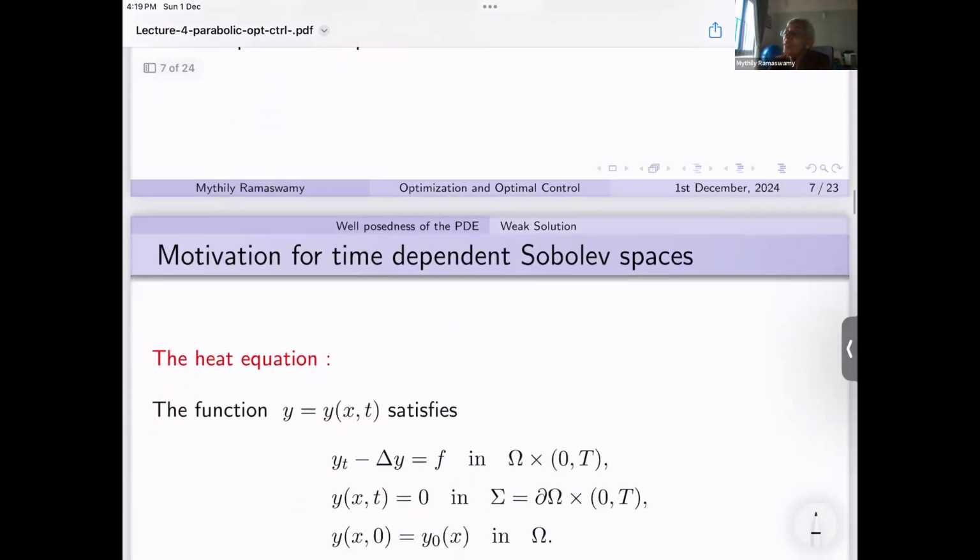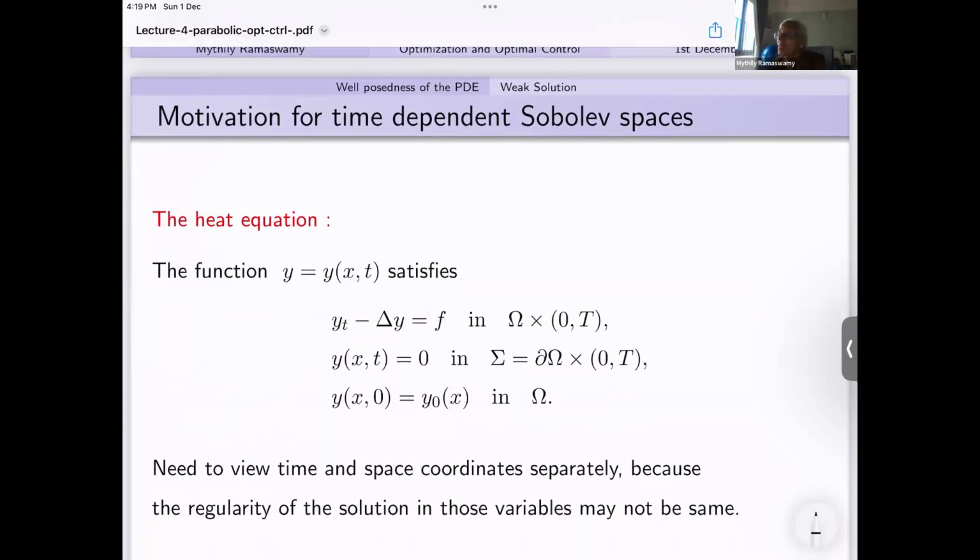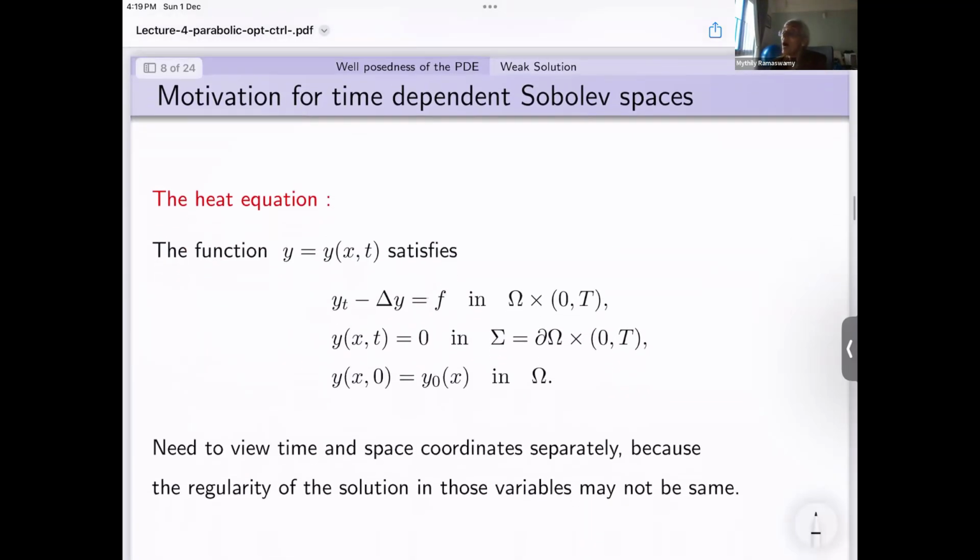So, motivation for time-dependent Sobolev spaces. Earlier I had only one variable, so I took H^1_0 of Omega. But now I have two variables, x in Omega and t in (0,T), and the solution may have different regularity in different variables.